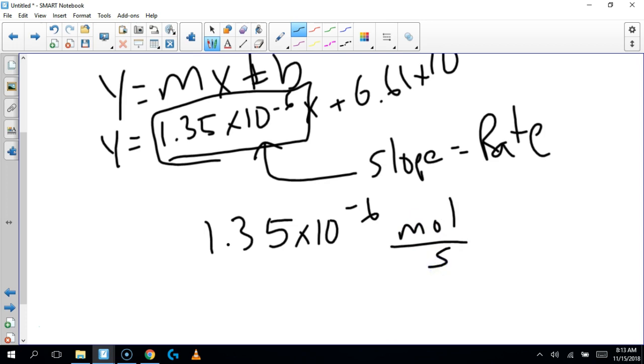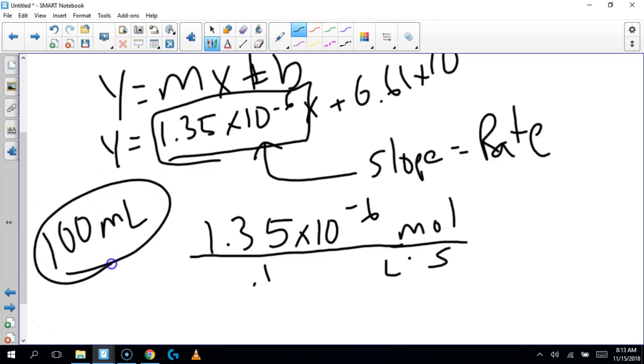The y-axis is moles, the x-axis is seconds. What we have to do then is divide this by the volume, because we want moles per liter second. So we're going to take this whole thing and divide it by 0.1 liters, because remember, our solutions were all 100 milliliters.